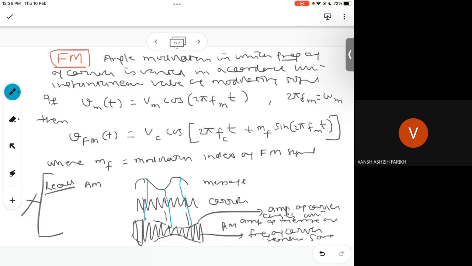So the frequency of the carrier remains the same, but my amplitude is varying. In the AM wave, the amplitude modulated wave, the amplitude is changing. It takes a trapezoidal pattern, or a fish type of pattern, that we see in the oscilloscope. You get maximum, minimum, maximum, because my message signal is also varying. But how will my FM signal look?